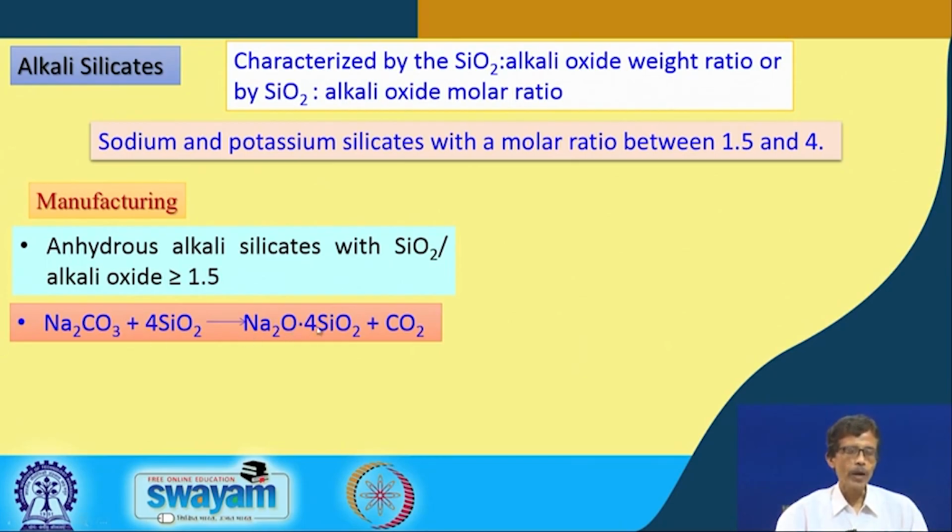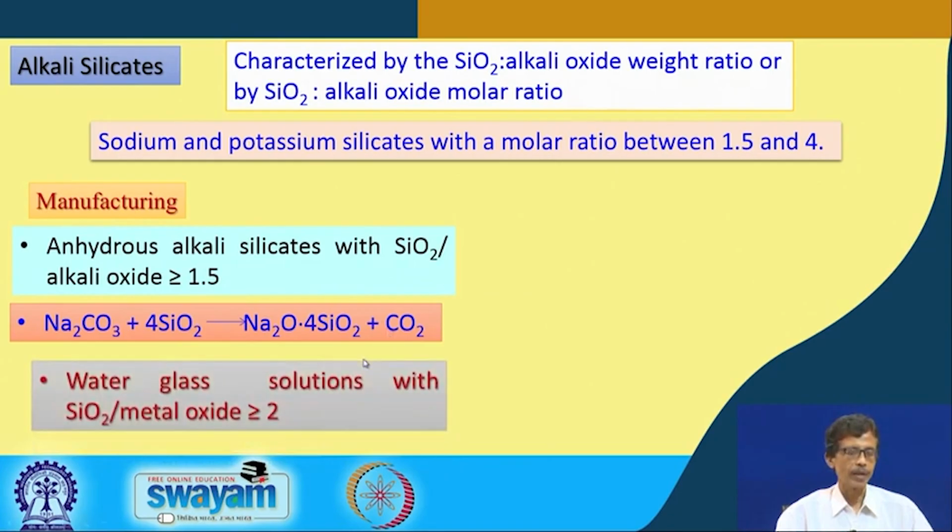So, Na2O with 4 SiO2 is not the simple formula of sodium silicate, but you can have one that is basically 1:4. One formula weight of sodium carbonate with silicon dioxide, SiO2, can give rise to this material with the elimination of carbon dioxide.